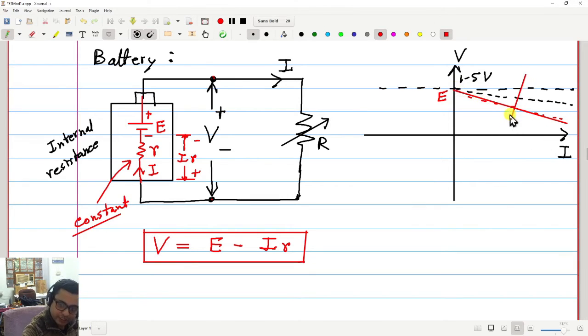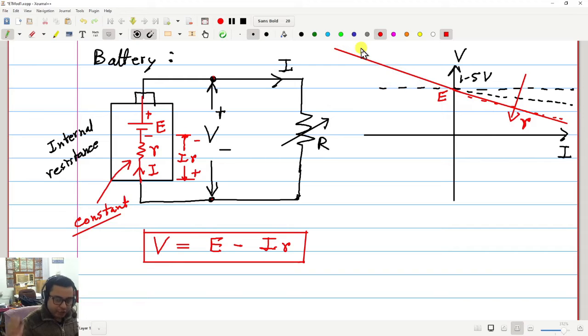As you take higher and higher values of R, you will get more and more drooping voltage. Now in fact I can extend this graph on the other side. My drawing is not straight, but we can extend it to the other side.